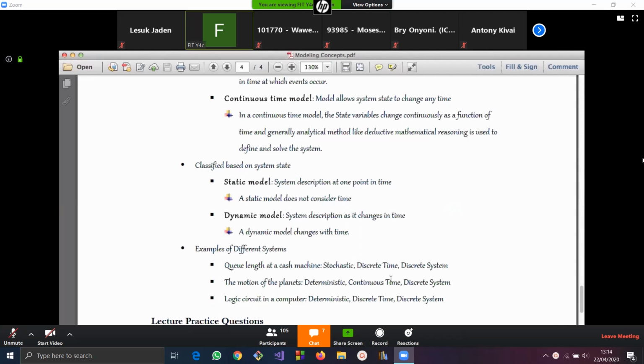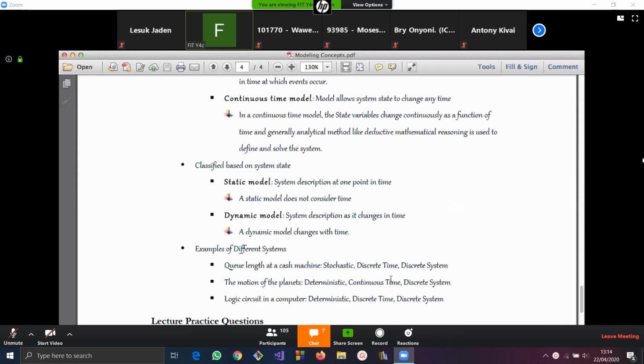Motion of planet, we call it deterministic. We know the formulas that are used to determine the position of the planetary motion. So you can determine that.